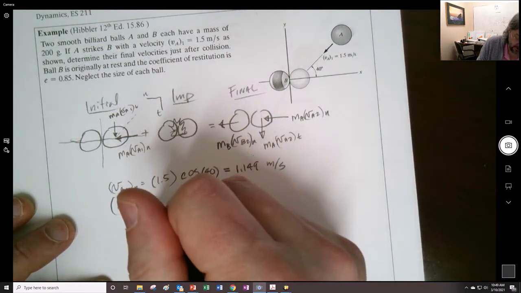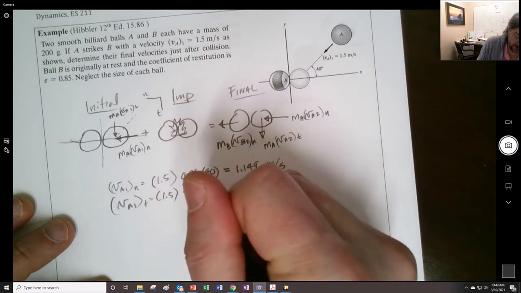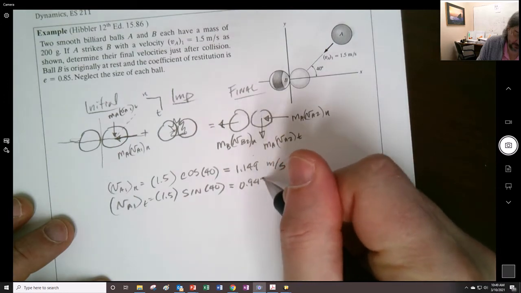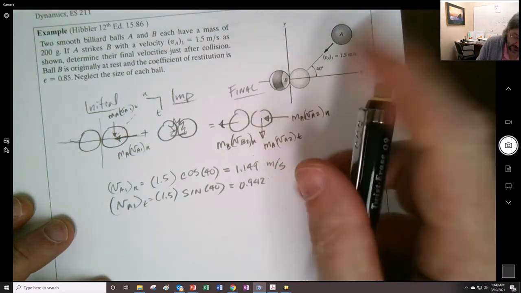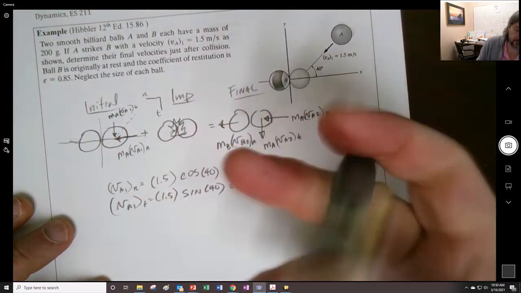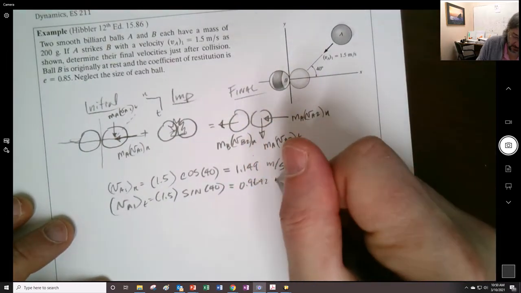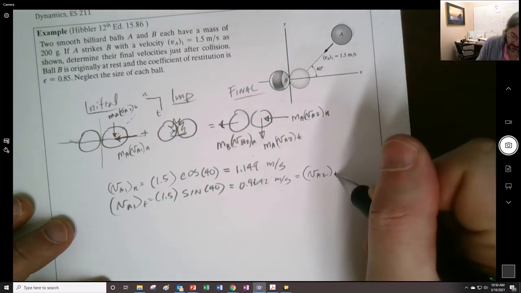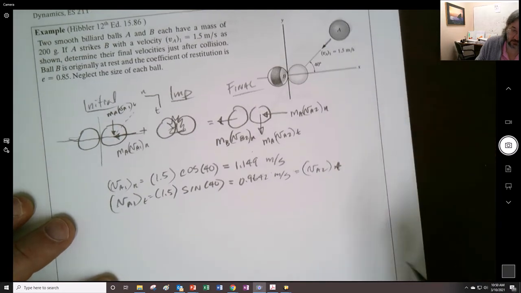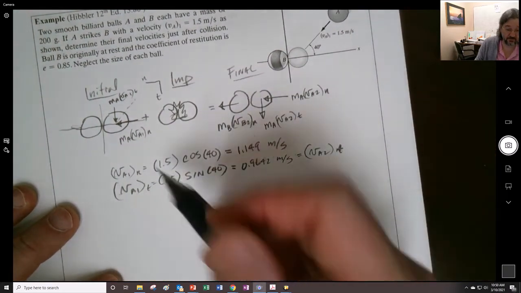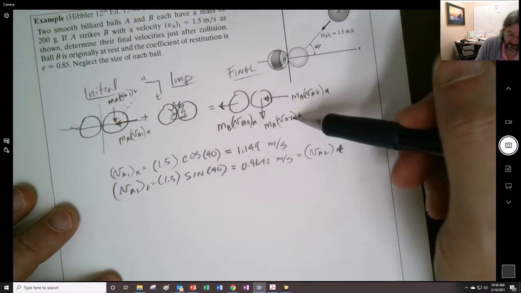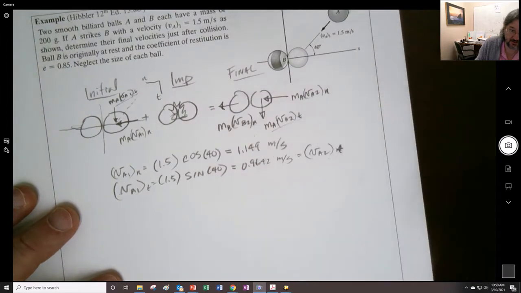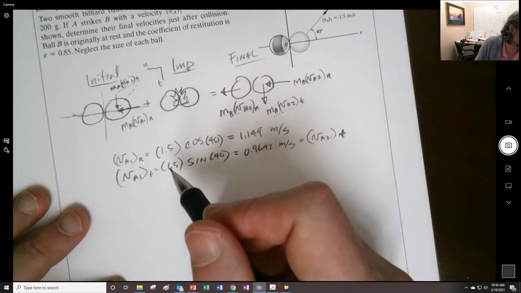VA1 in the tangential is 1.5 times the sine of 40, which is 0.9642, excuse me, meters per second, which is actually equal to the second tangential, right? That equals that. So we already know what this value is going to be. We didn't actually have to draw that in right there. We just know that has to equal that. It has no other choice.